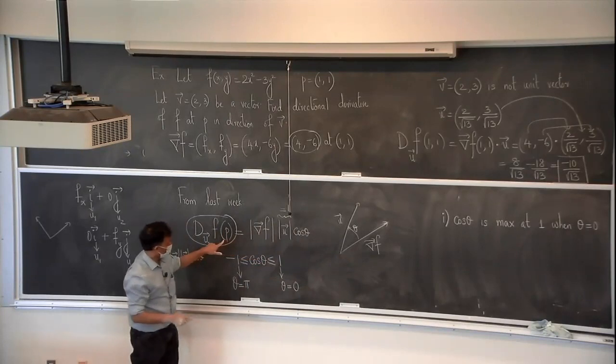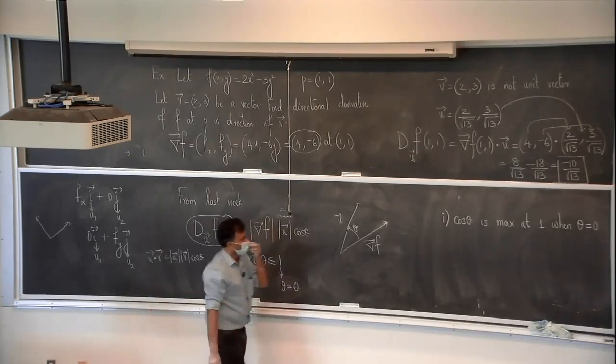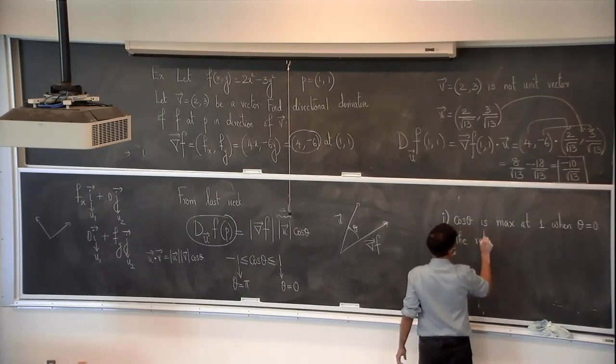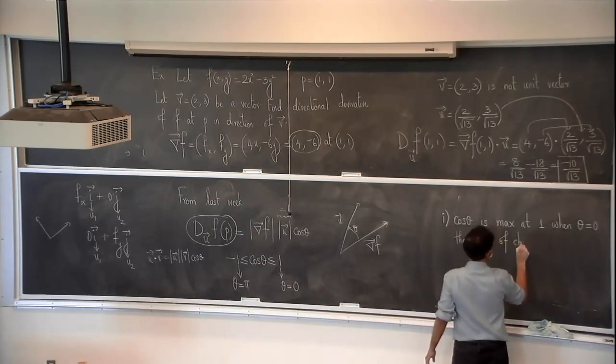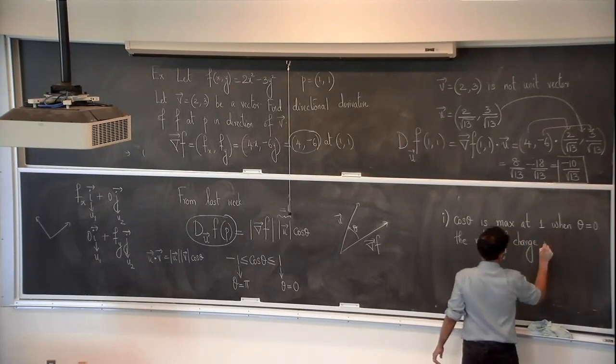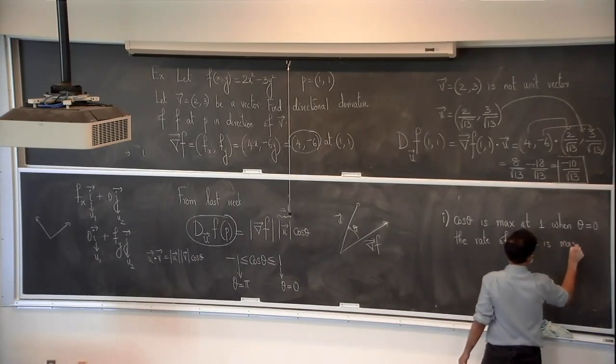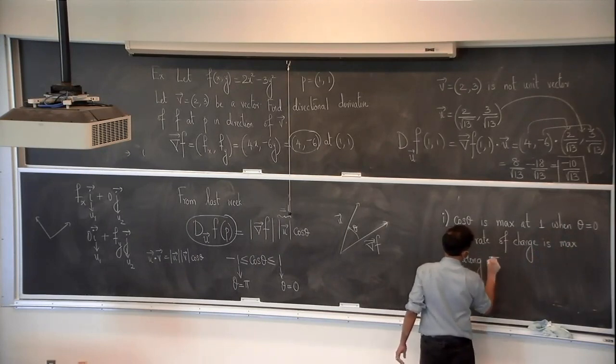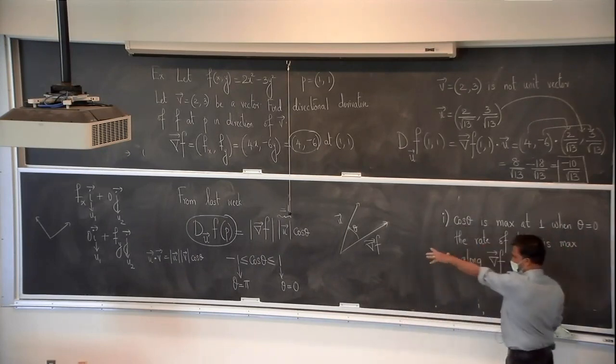So the only thing we are left with is the gradient vector. The rate of change is maximum along the gradient vector. That's the only term remaining there, right?